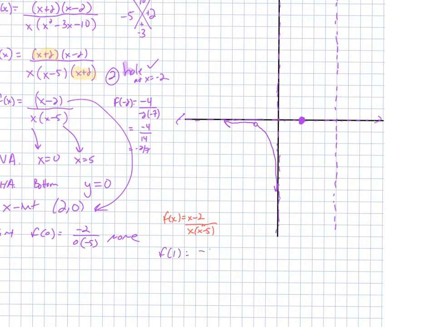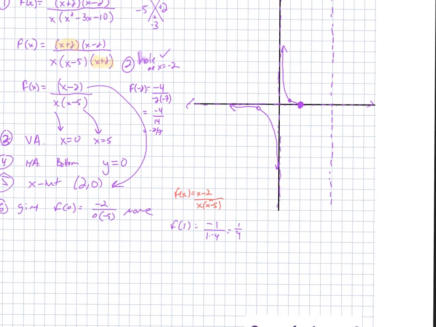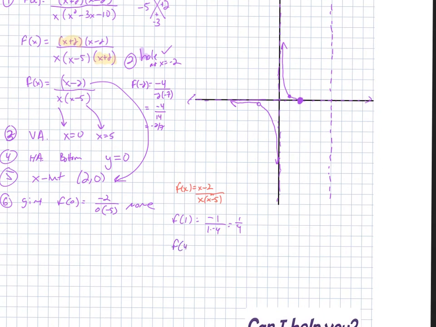That's going to be negative 1 on top and 1 times negative 4 on the bottom, or positive 1/4. So at 1, it's at 1/4, right around there. So that tells me it's probably going up as it approaches this vertical asymptote. I already have 2. I'm going to plug in 3 or 4. I'll go ahead and plug in 4 just to see where that point is. f of 4. 4 minus 2 is 2. 4 minus 5 is negative 1. So I get negative 1/2. So at 4, it's at negative 1/2 over here.